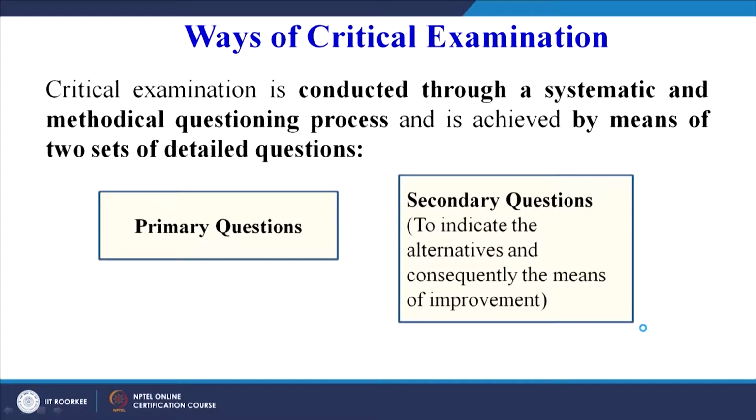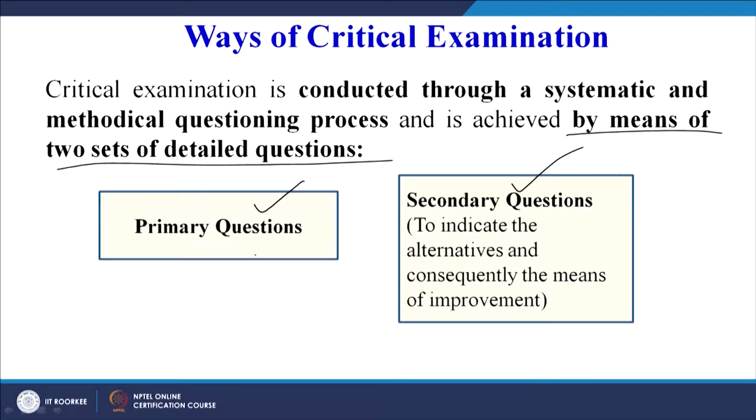Now, critical examination is conducted through a systematic and methodological questioning process, and it is achieved by means of two sets of detailed questions. Two sets of questions usually are asked, the primary questions as well as the secondary questions.